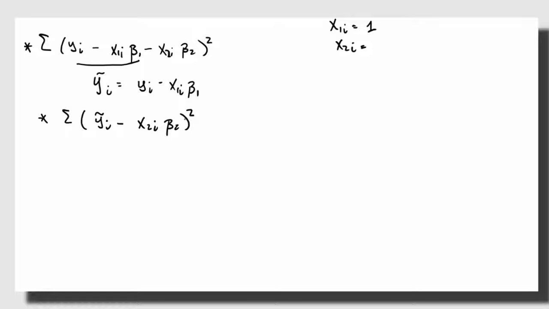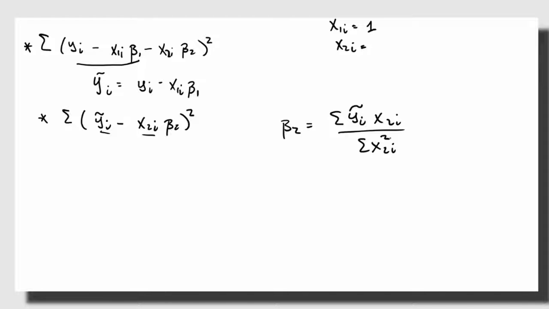Well, then this is exactly regression through the origin with just the single regressor xi2, but the outcome yi tilde. So we know what the estimate for beta2 would have to be. It would have to be the summation of yi tilde xi2 over the summation of xi2 squared.